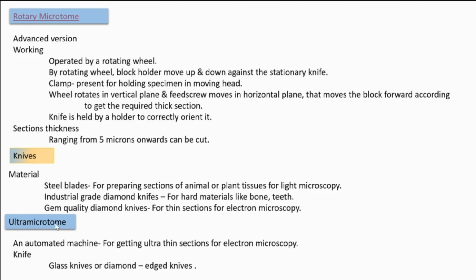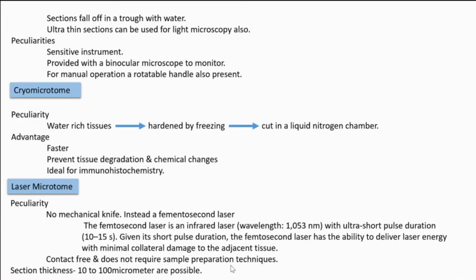In the ultra microtome, the knife is a glass knife or diamond edged knife. The sections that we make usually fall in a trough with water, and if the sections are very thin, we can use them directly for light microscopy also.